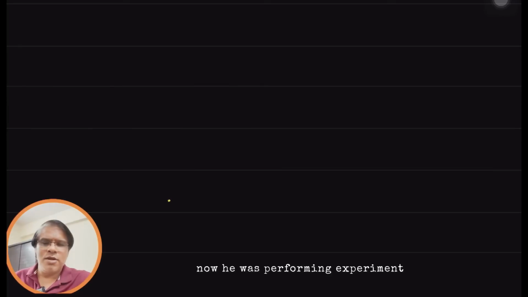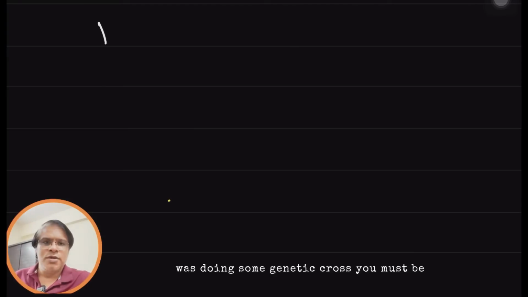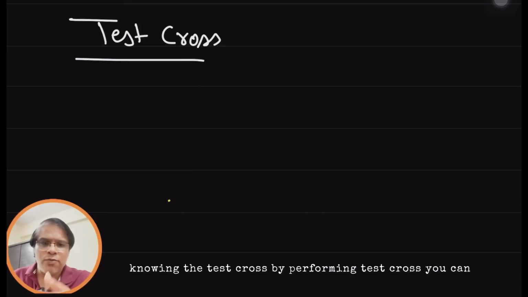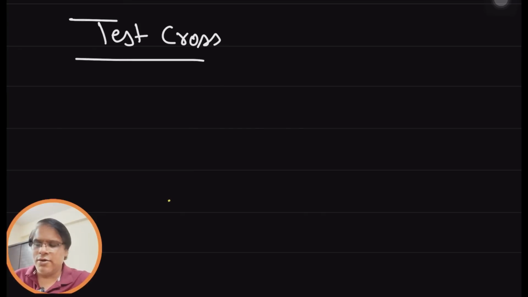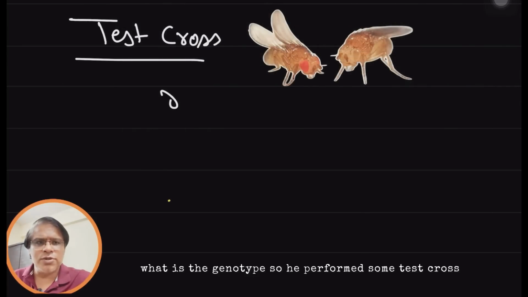Now he was performing experiments, and when he got more white eyed males, he was doing some genetic crosses. You must know the test cross. By performing a test cross, you can come to know the genotype. So he performed some test crosses.